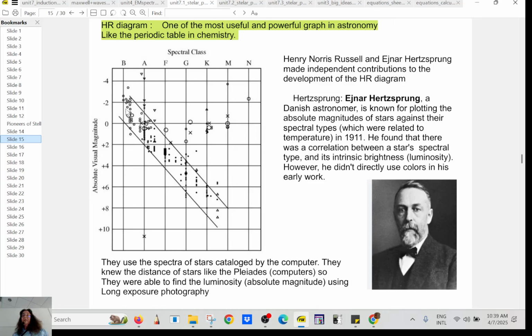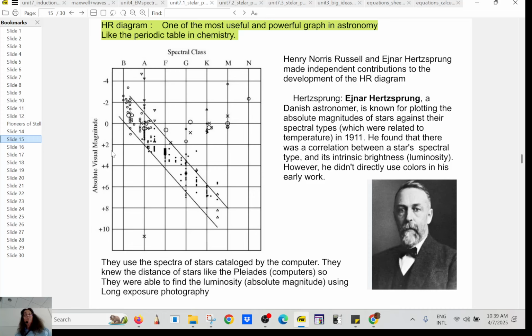And surprisingly, you can see a trend. This is called the main sequence. Our sun, for example, will be plotted somewhere there. What you have here is a log scale, meaning if you increase a step by 2, the luminosity is multiplied by 100.